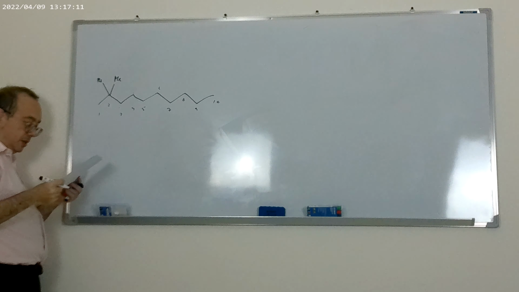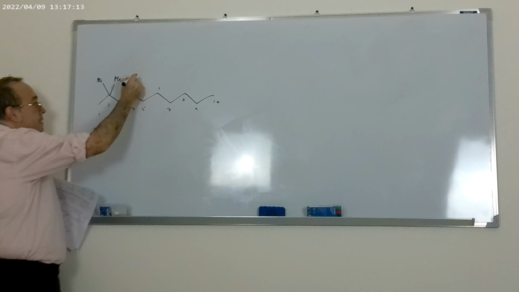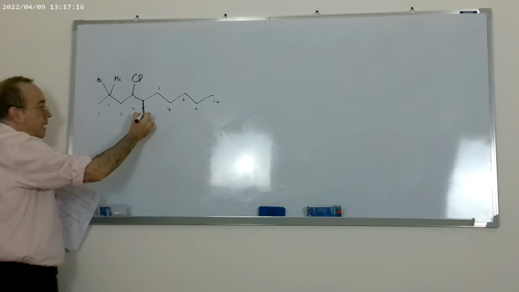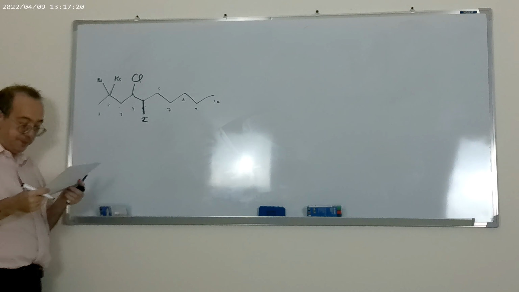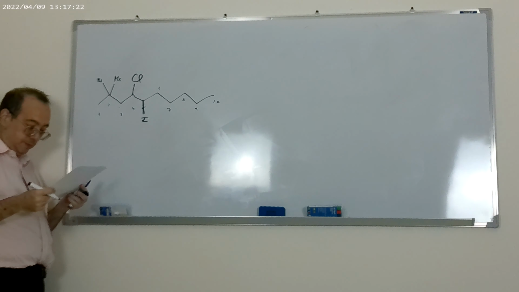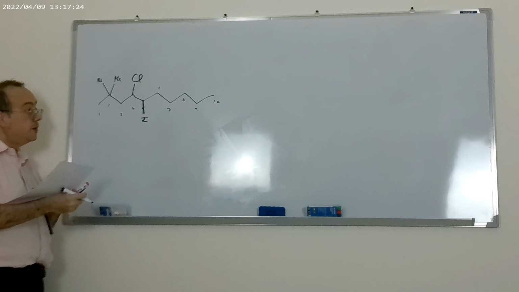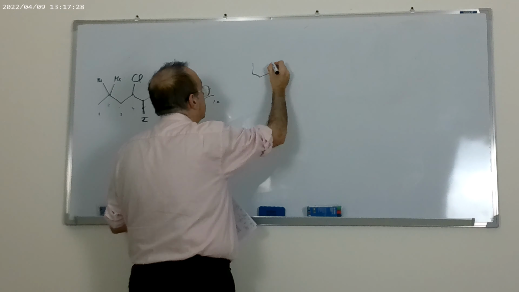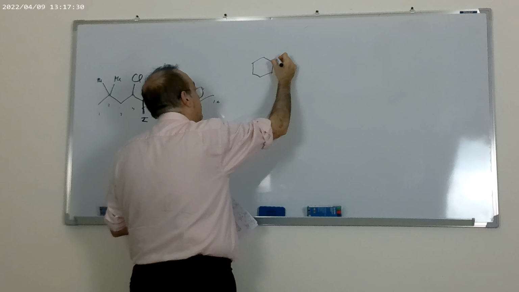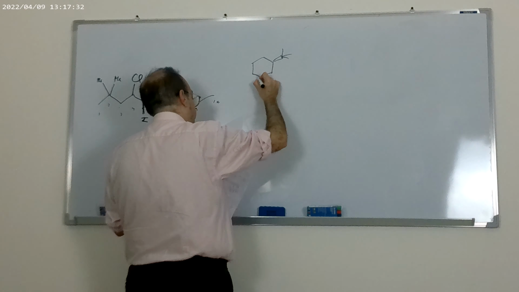And in position 4 we have a chloride, and in position 5 we have an iodine. And that's all. Okay, next one. Say that we have this one and they ask us to put the name of this.